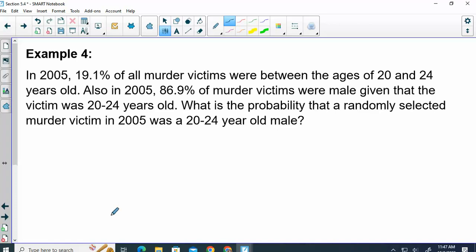All right, so same scenario here with the murder victims, so same percentages. But this time I want, what is the probability that a randomly selected murder victim in 2005 was a 20 to 24-year-old male? So I'm finding the probability that we have a male and 20 to 24 years old.